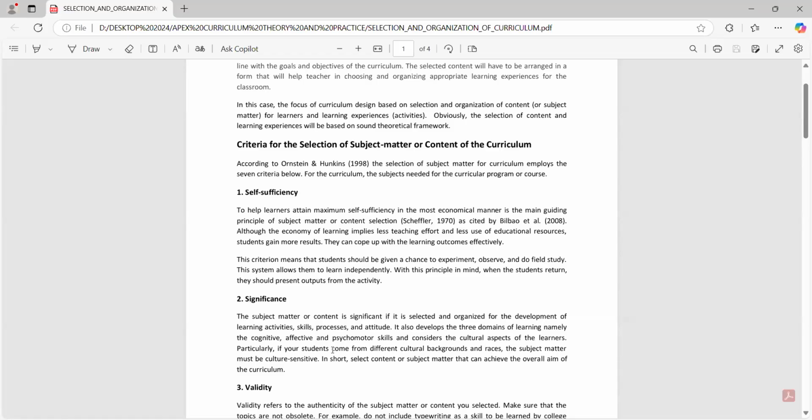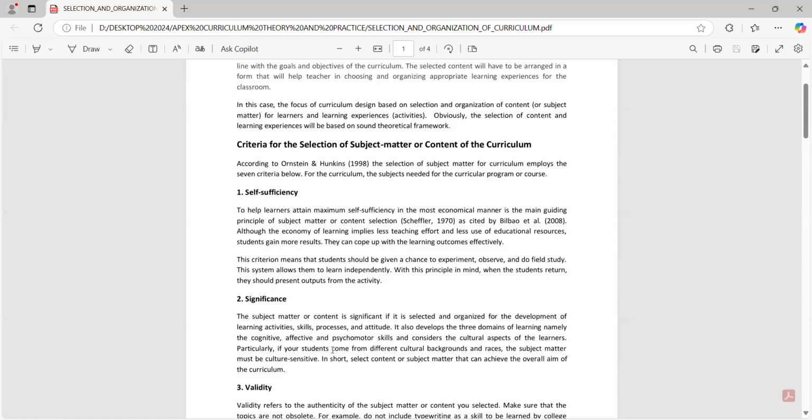Otherwise, it will not be very useful. So it will allow the students to engage in self-learning, experiment, observe, do field study, etc., and allow them to learn independently. So if you select the content keeping all these elements in mind, it will lead to self-sufficiency.